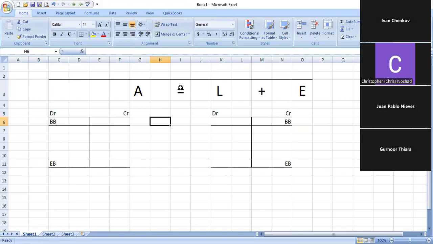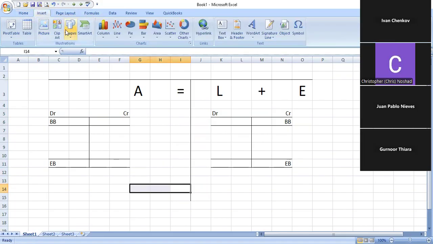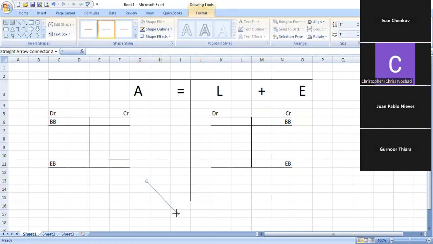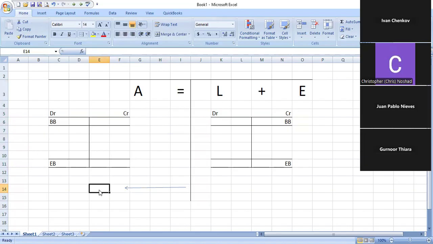Use the equal sign to draw the T. Everything that stays on the left side of the equation has normal balance debit.